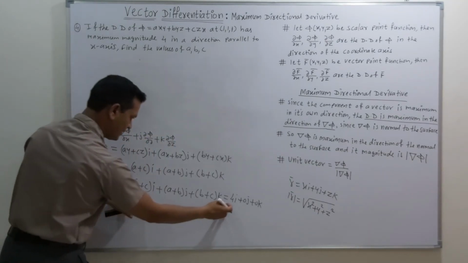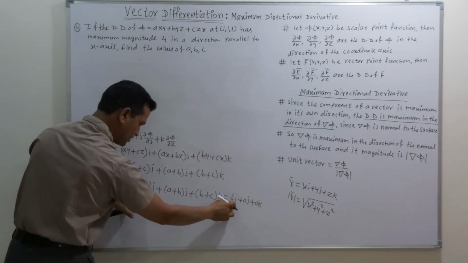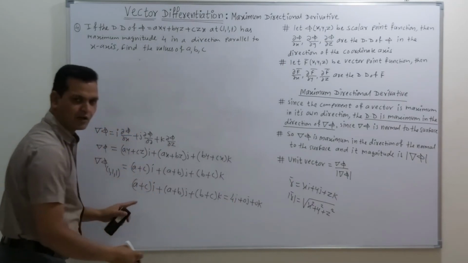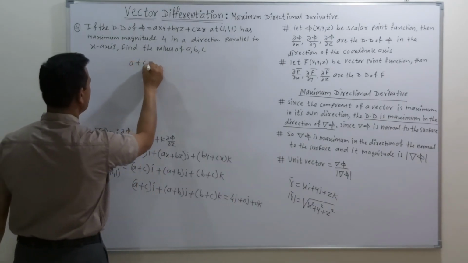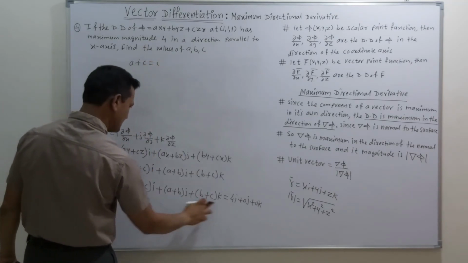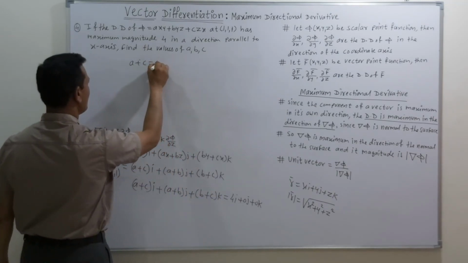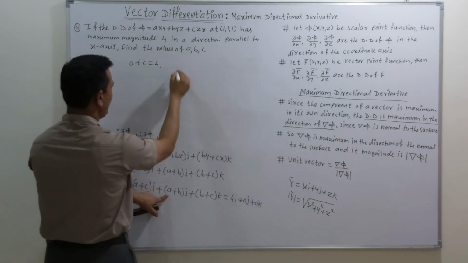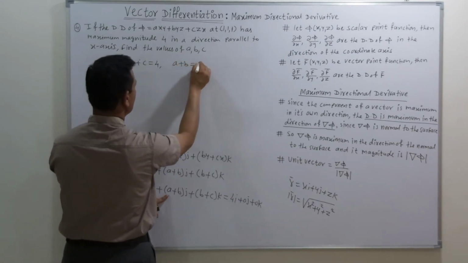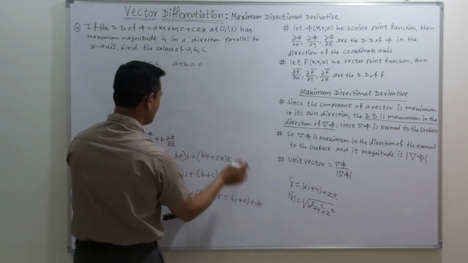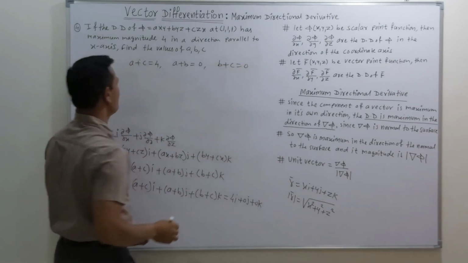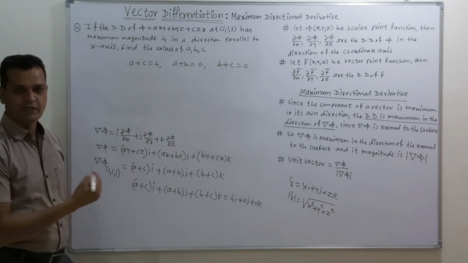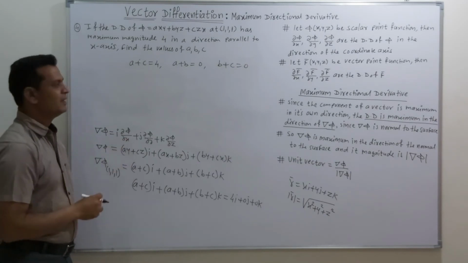From the first, if we compare the coefficient of the vector along the x-axis, we get a plus c is equal to 4. The next is a plus b is equal to 0. Then b plus c is also equal to 0. Let's solve these equations to get the values of constants a, b and c.